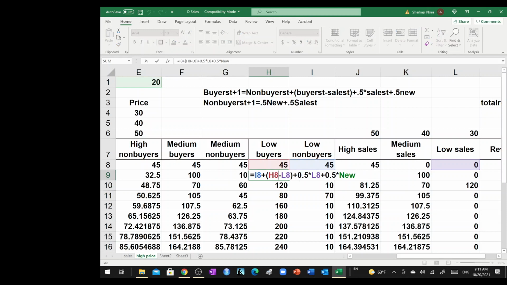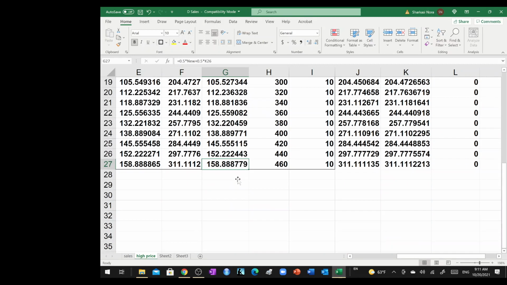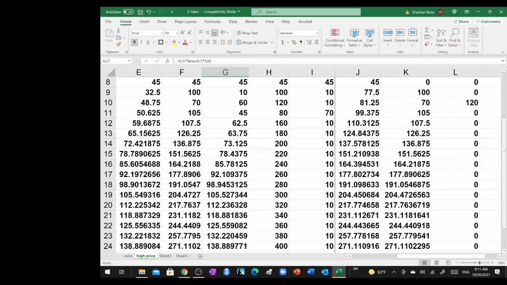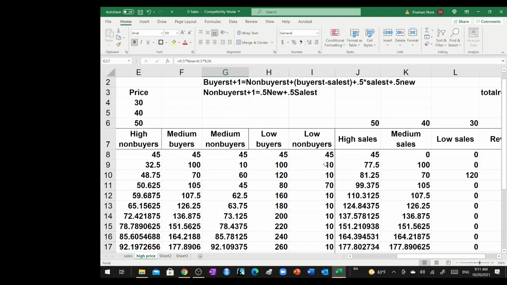We said this portion, 50% of these guys are buyers and 50% of the newcomers are buyers, right? Same applies here. But over here, we also, the non-buyers, the other 50% will be there. Where's the other 50%? So the other 50% will be set up for the non-buyers. Do you see where is this coming from?